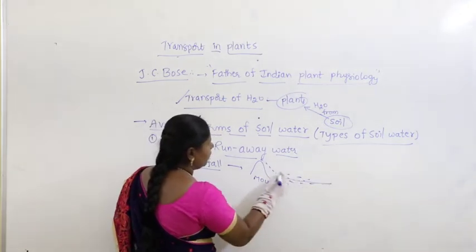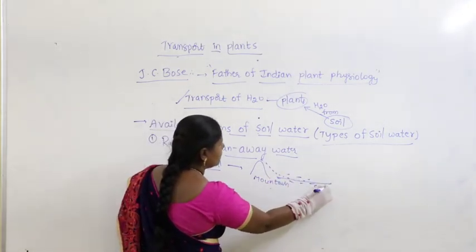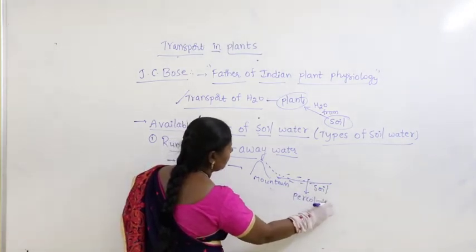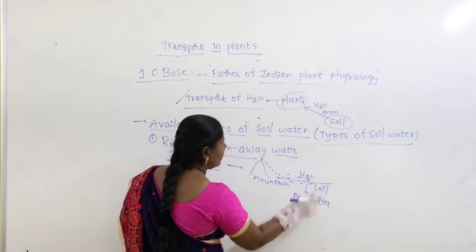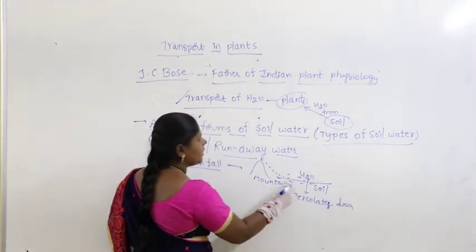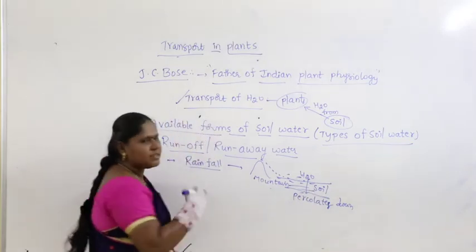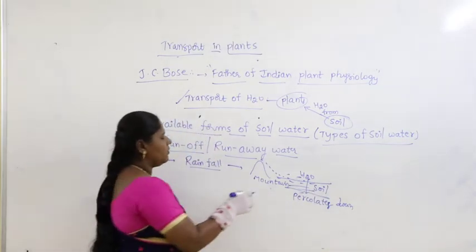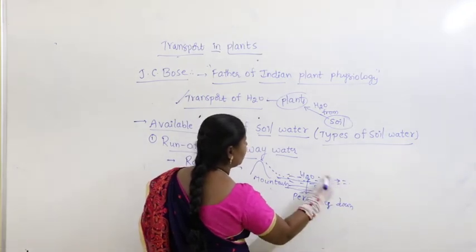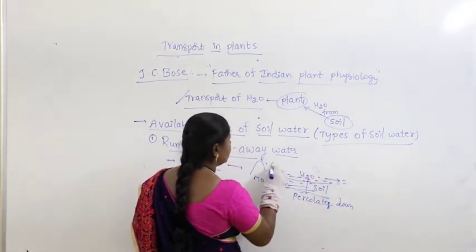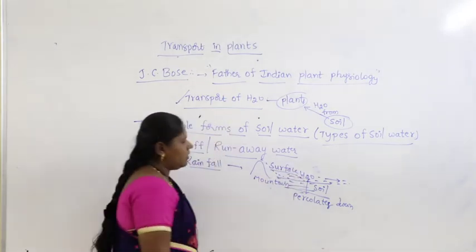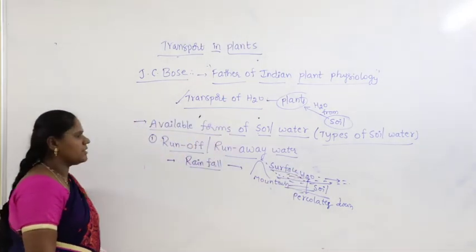When water is moving, some water percolates down, into the deeper layers of the soil. The rest of the water moves from one place to another. It is called runoff water, or surface water.